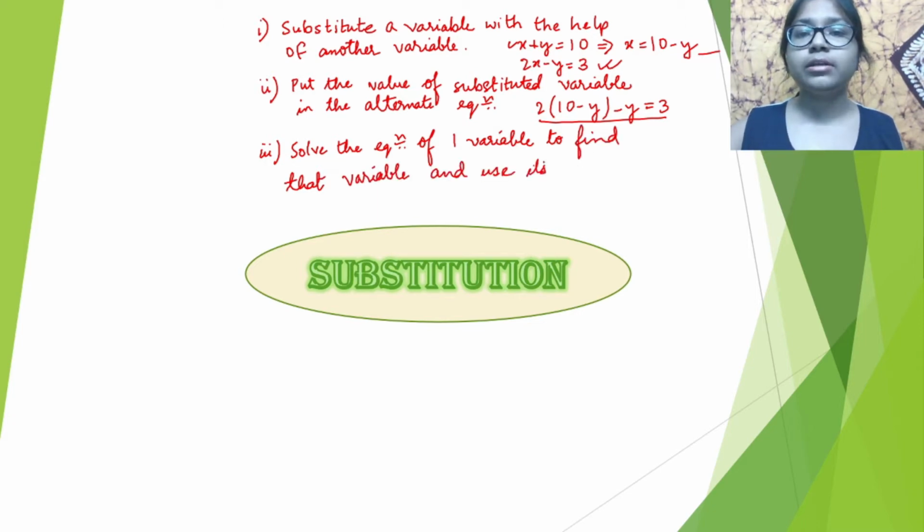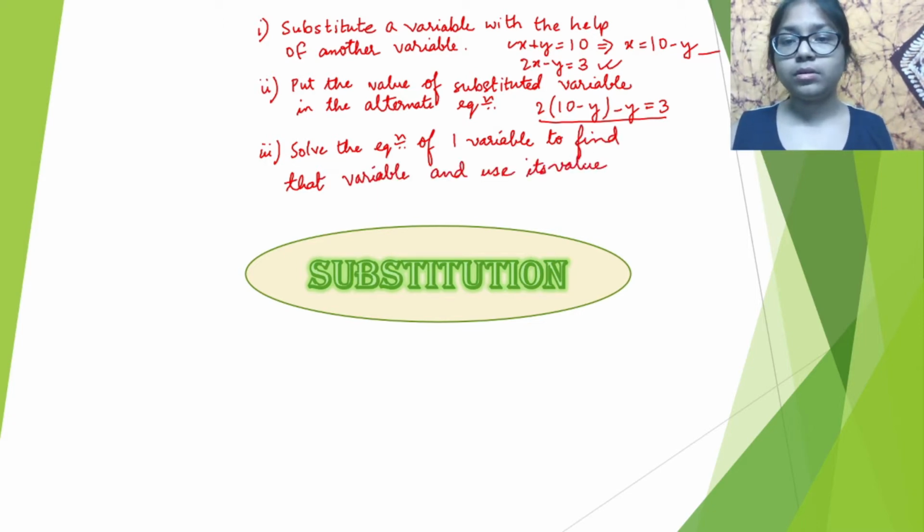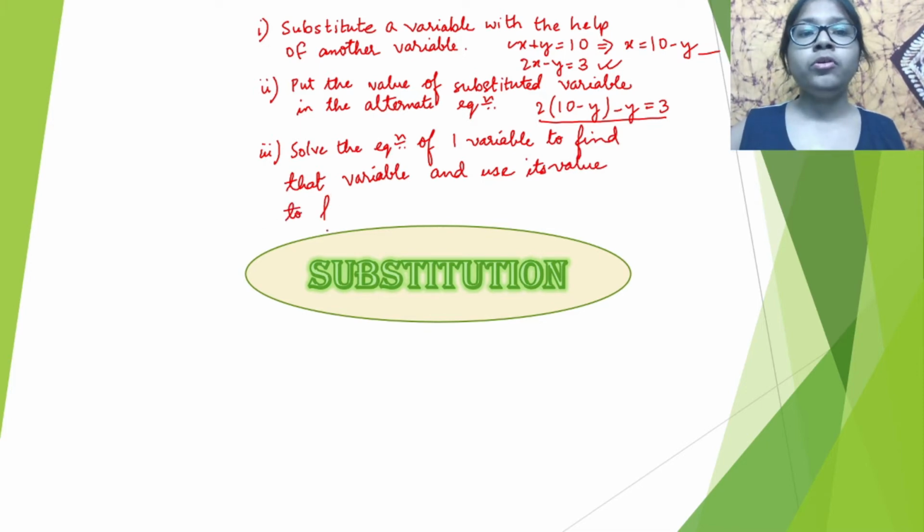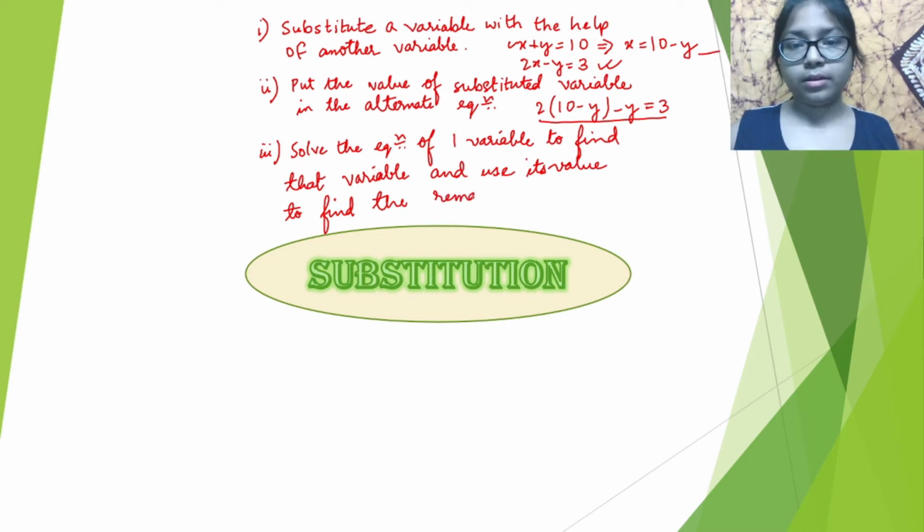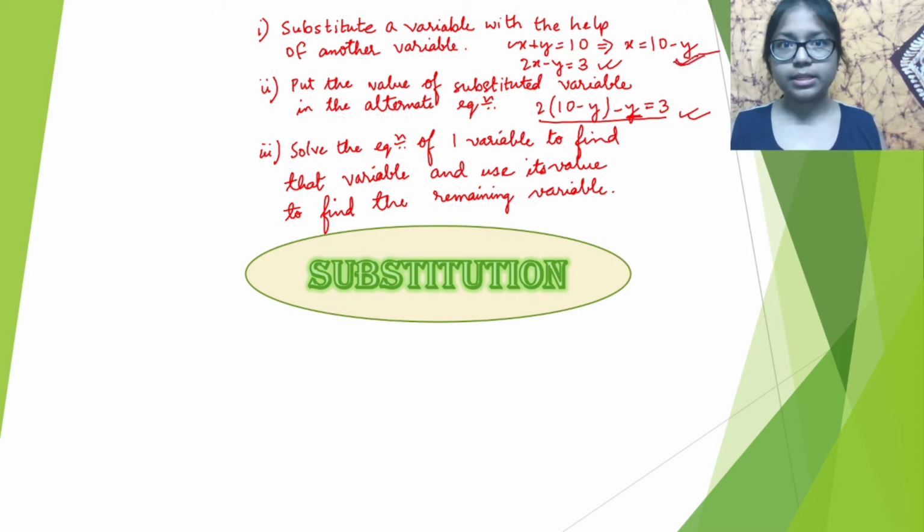And use its value to find the remaining variable. Okay, so from this equation you will easily get y and you will put that value of y here in the substituted equation. So from there you will get x.